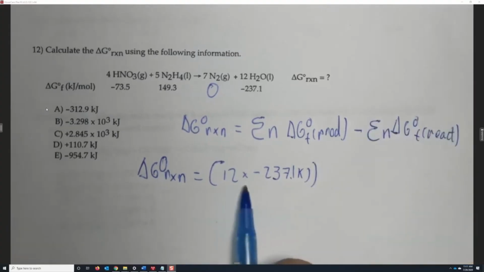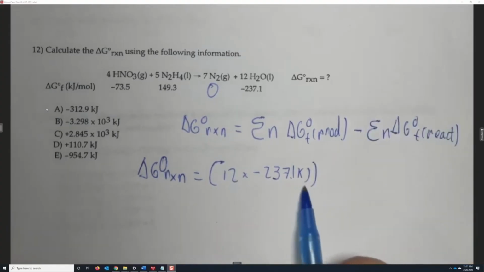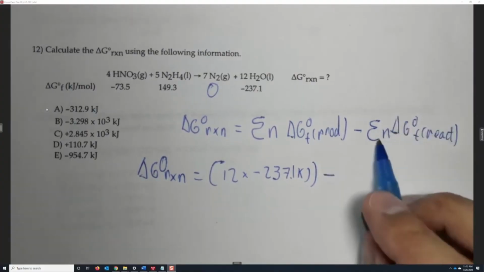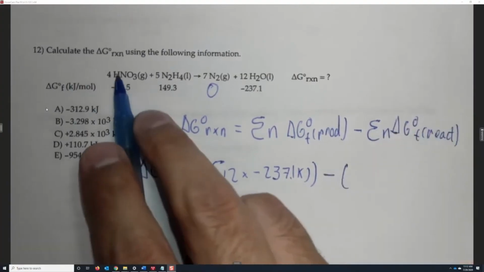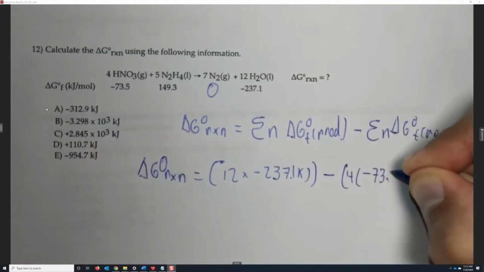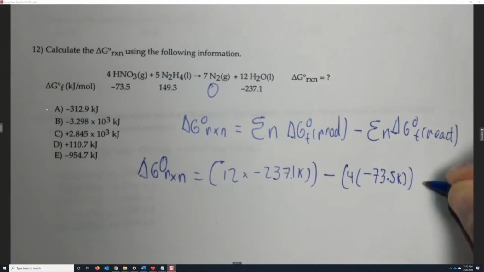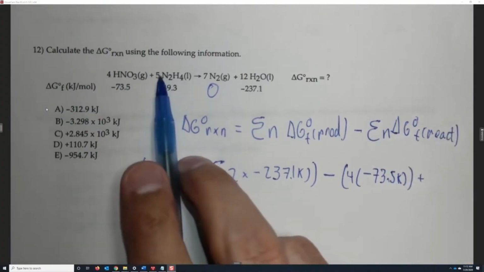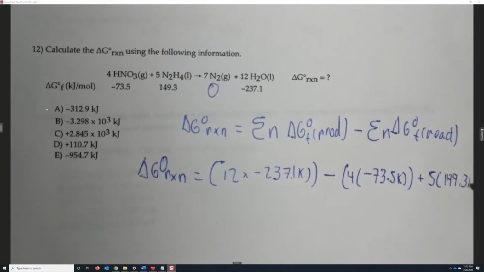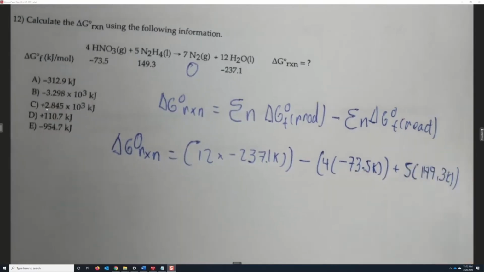All right, and if you want, you could put this as 12 moles and this kilojoules per mole. You'll get the same thing. Minus our first reactant, there's 4 of them, 4 times minus 73.5 kilojoules, plus our second reactant, and there's 5 of them, 5 times 149.3 kilojoules.